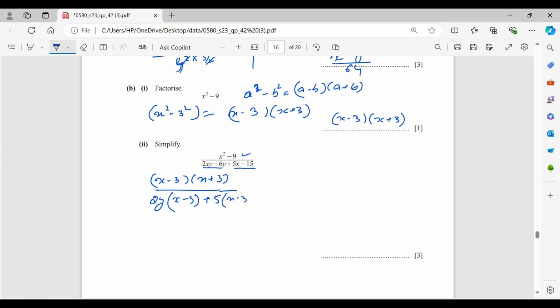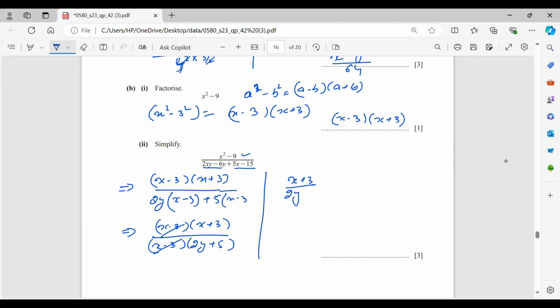So this will be equal to x minus 3, x plus 3 over x minus 3 and 2y plus 5, right? So we can cancel this out. So our answer will be x plus 3 over 2y plus 5, right?